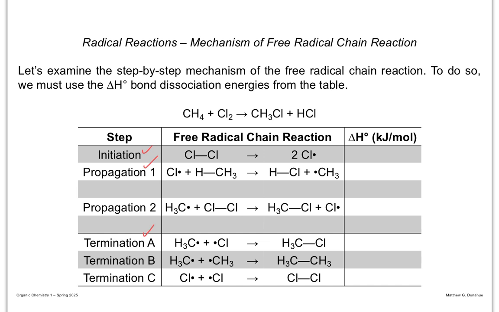So in the initiation step, when we look at cleaving a chlorine bond, because we're breaking a bond, we have to add energy. So this number is going to be plus, and then that value is 243 kilojoules per mole. So that's right from that table.